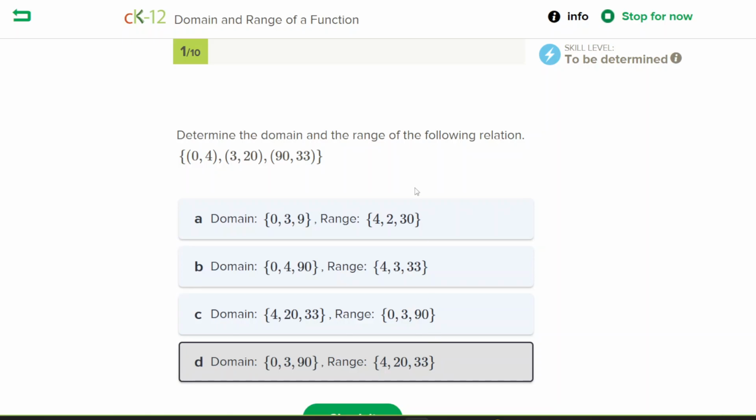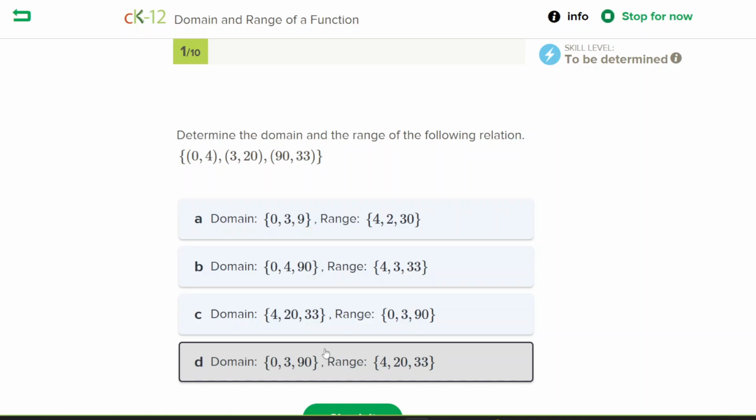Also, they call this a relation. It would be a function as well, right? Every value of the domain, 0, 3, and 90, is paired with exactly one value of the range.